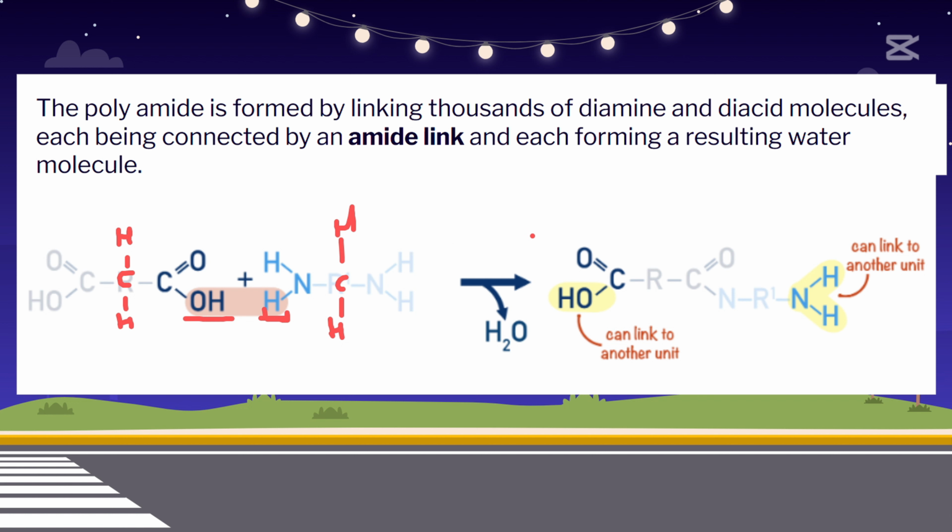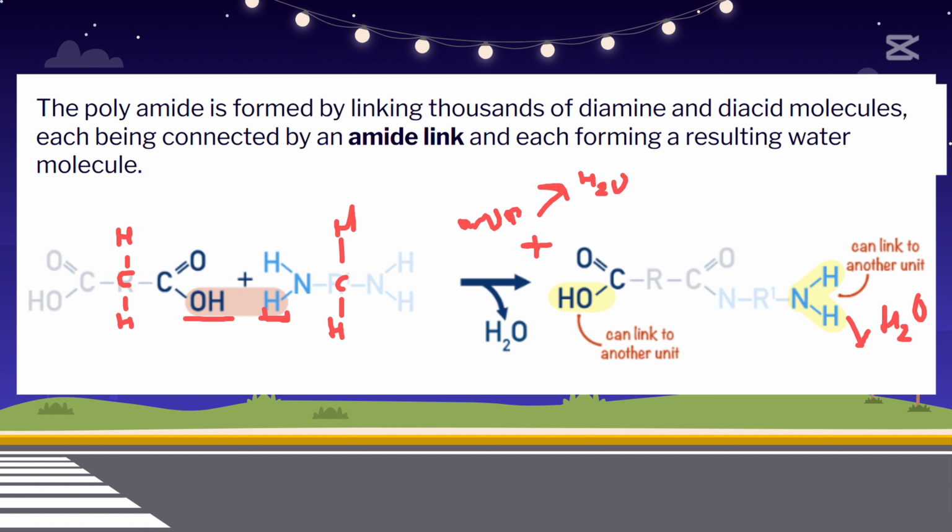So if we were to add another diamine here, we would make another molecule of water. And if we were to add another diacid here, it would also make another molecule of water.